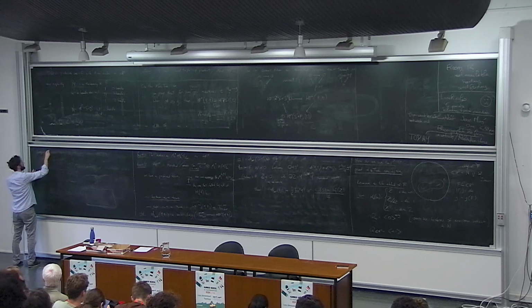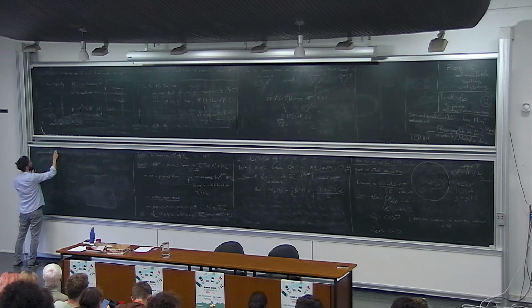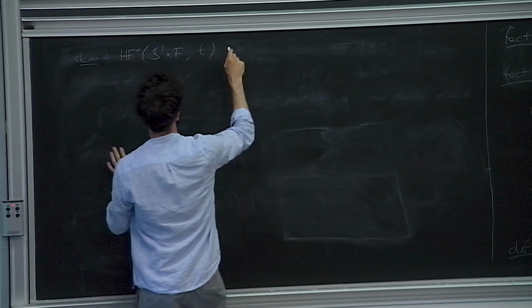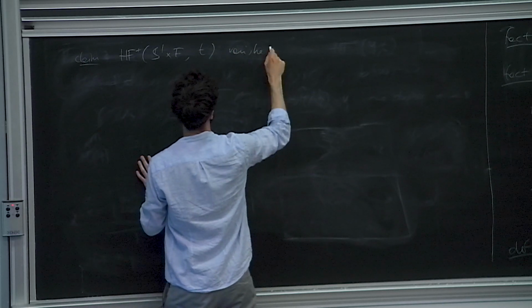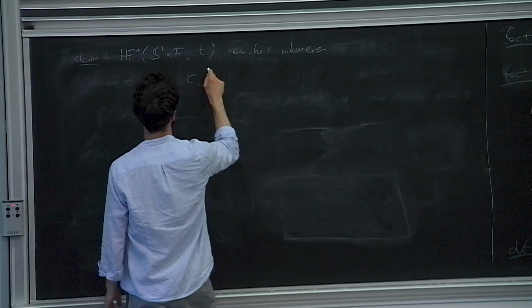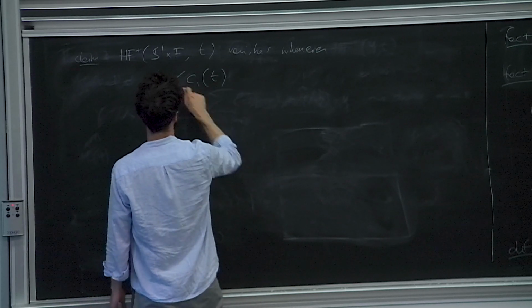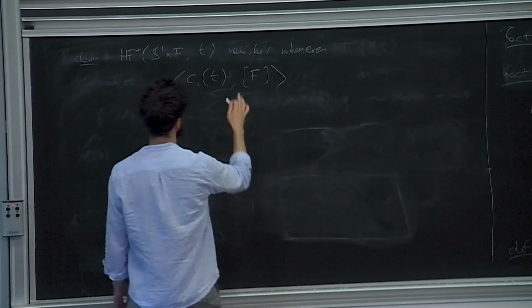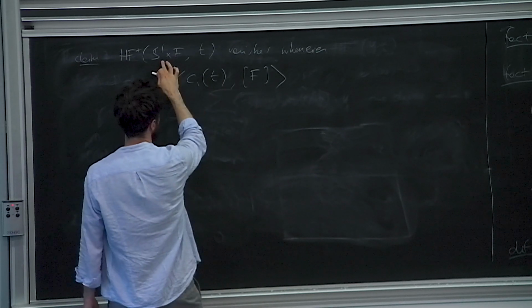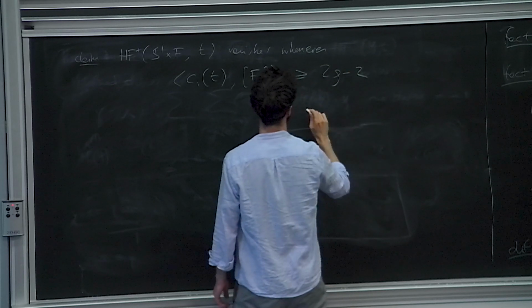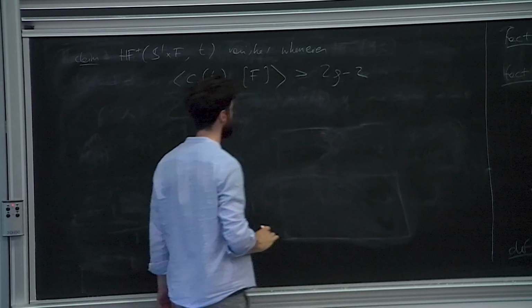HF plus of S1 times F, T vanishes whenever c1 of T evaluated on F, or technically point times F, which is a subsurface in here, is strictly larger than 2g minus 2.